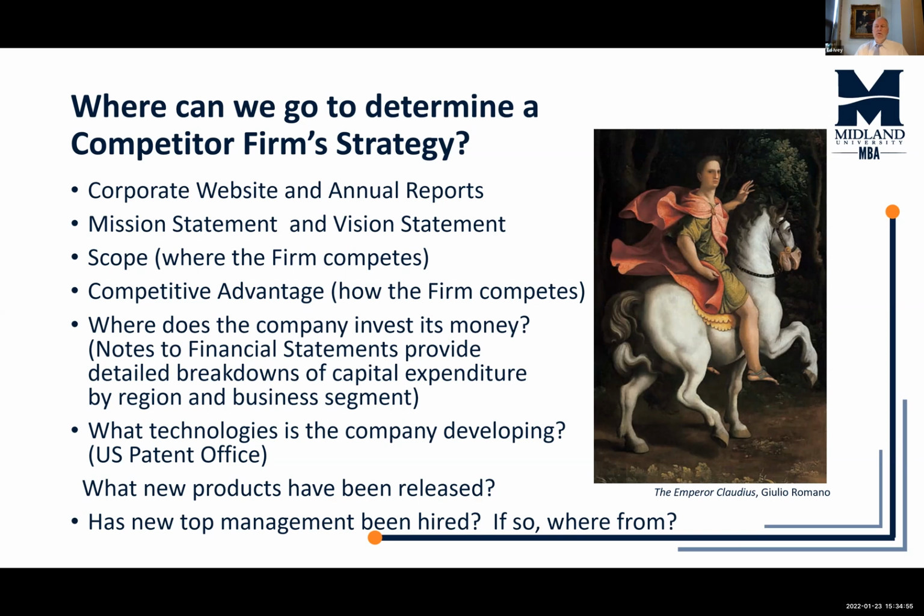Which consumers are the competitors appealing to? Which direction are they going in? Again, look at the adjacencies there around those products. And so how can we understand as well what is perhaps the weakness of the competitors' products?